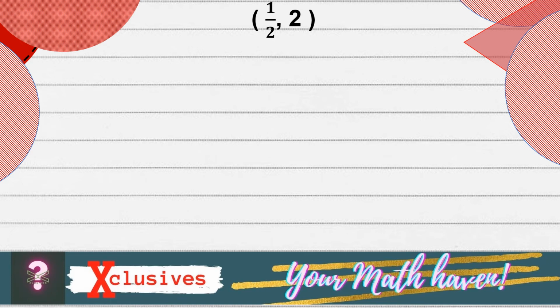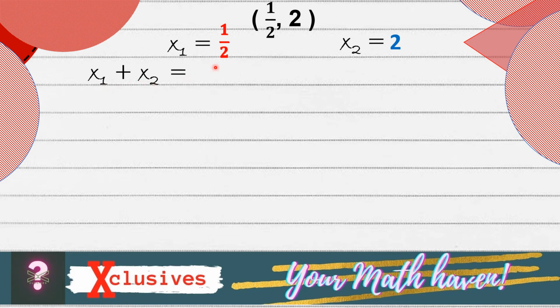Given the roots 1/2 and 2, we are going to determine the sum and product of the roots and make its equation. Let us identify first x sub 1 and x sub 2. Our x sub 1, that is 1/2, and our x sub 2, that is 2. So let us solve for the sum of the roots, x sub 1 plus x sub 2.